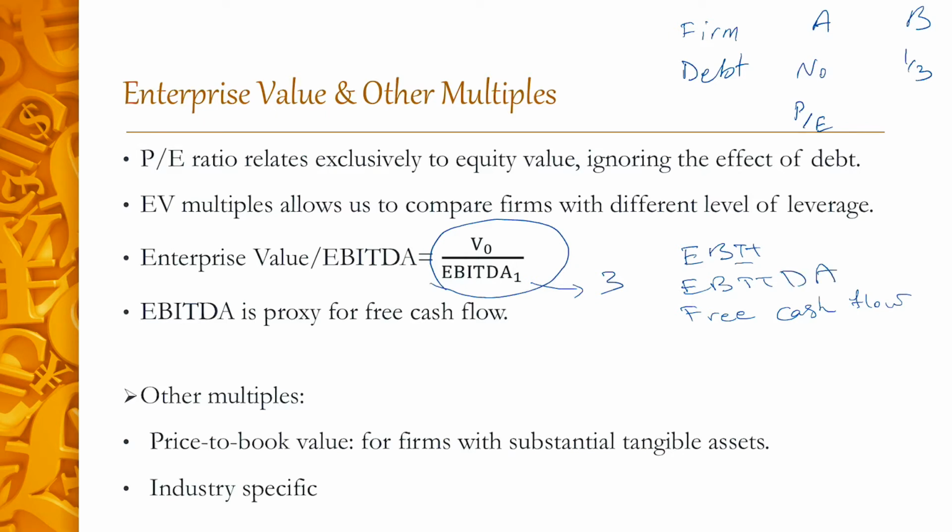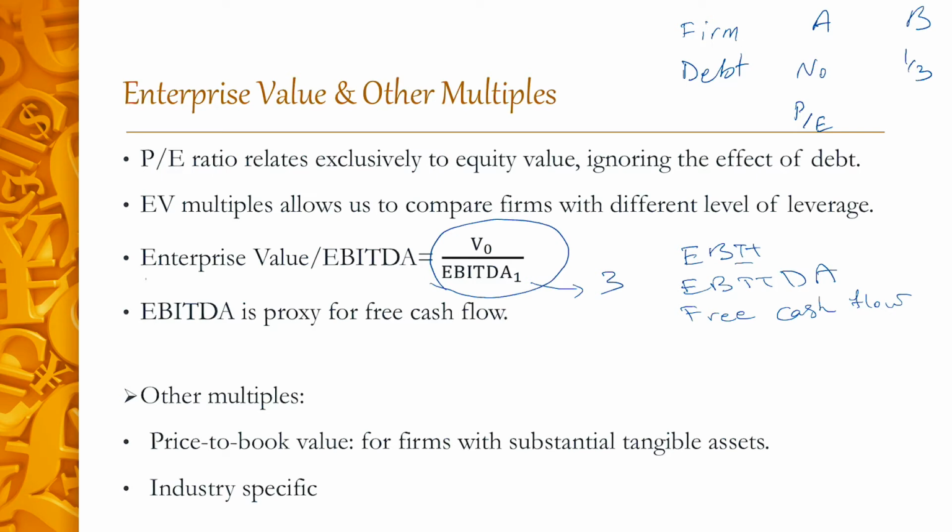We prefer EBITDA to EBIT because it adds back non-cash expenses, which are the depreciation and amortization. And we also prefer EBITDA to free cash flow because sometimes the firm has a large investment in fixed assets, and the difference between EBITDA and free cash flow is that EBITDA does not consider capital expenditures.